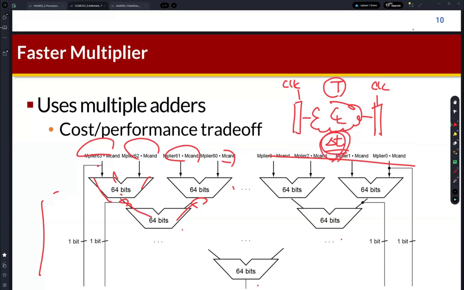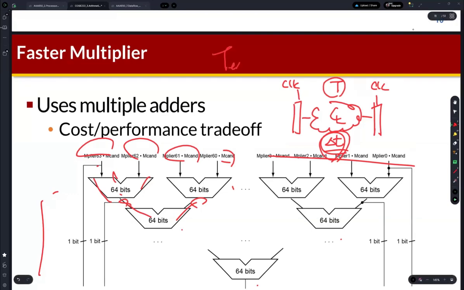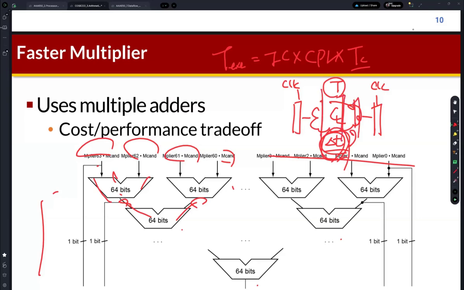And why is clock period critical? It's because execution time is instruction count, CPI, multiplied by TC, the clock period, right? So if this delay is too long, if delta t is very high, then we can split this combination logic part into multiple parts. Then we can insert the D flip-flop to reduce the critical delay.